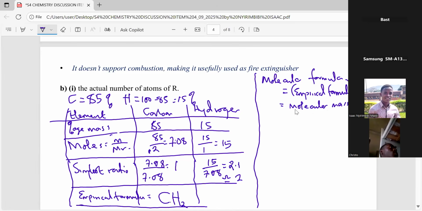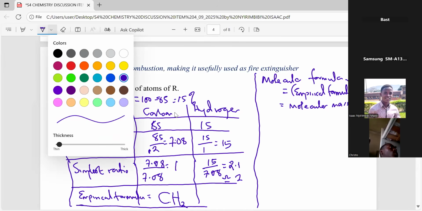Now if we look at our equation, we have the empirical formula and we have the molecular mass, so we can use them to get the value of N.